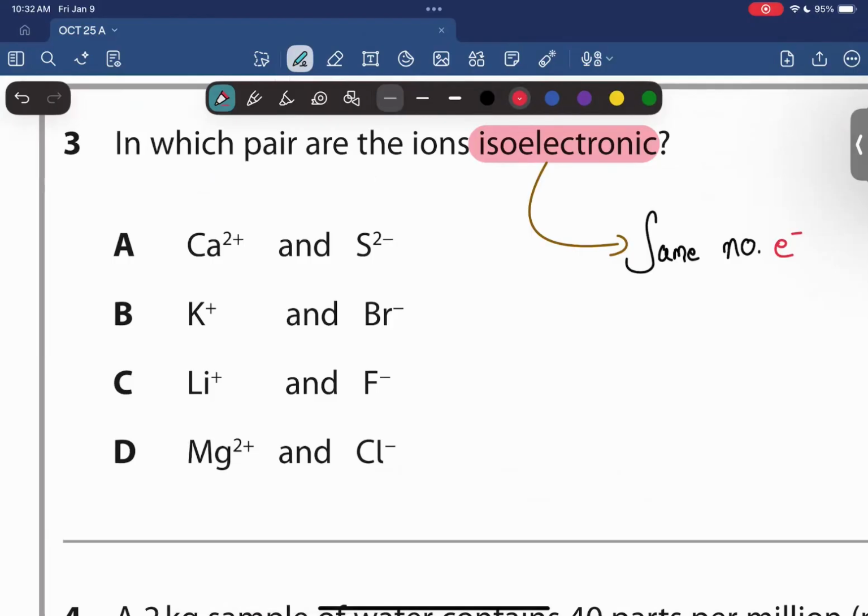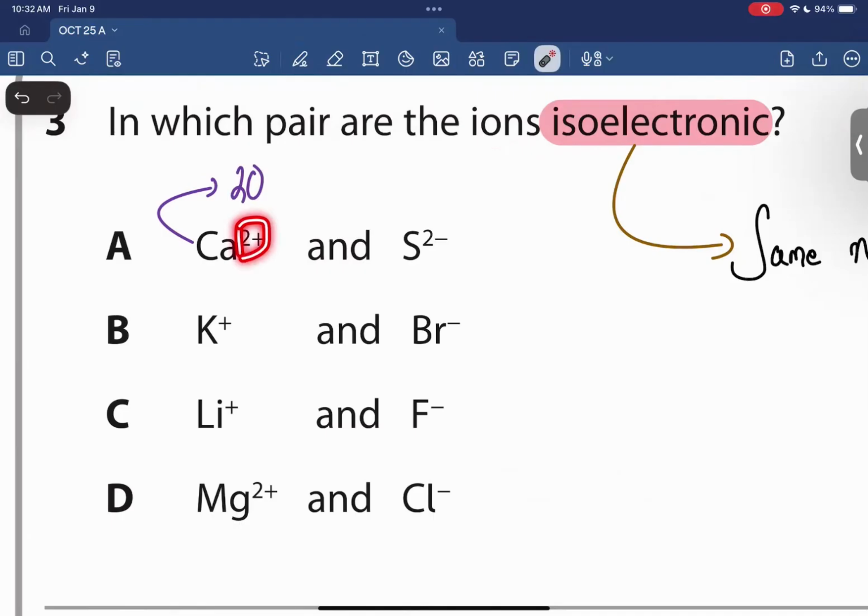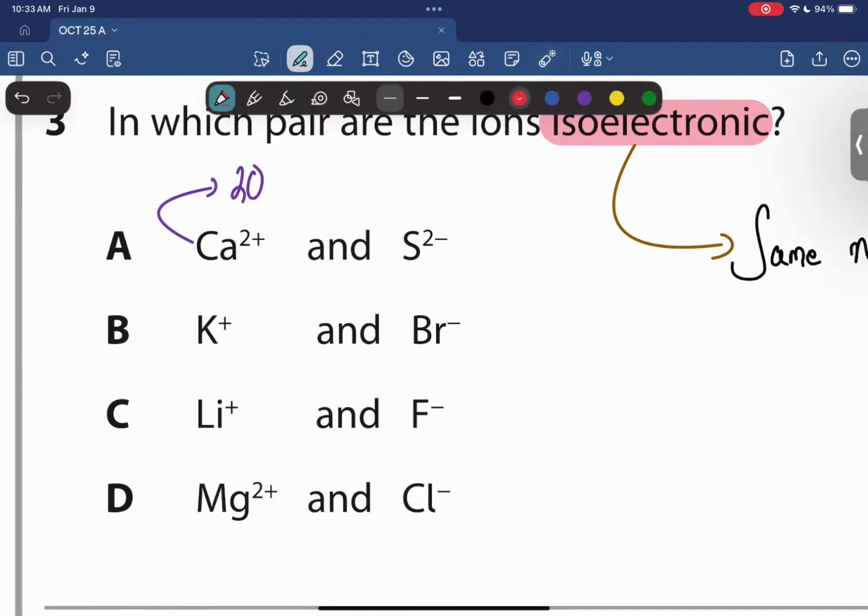Now, we know that for calcium, the atomic number is 20. Since it has a charge of +2, it means that it lost its 2 electrons, right? So this should now be 18.